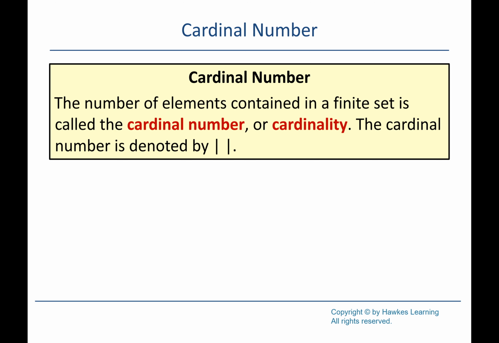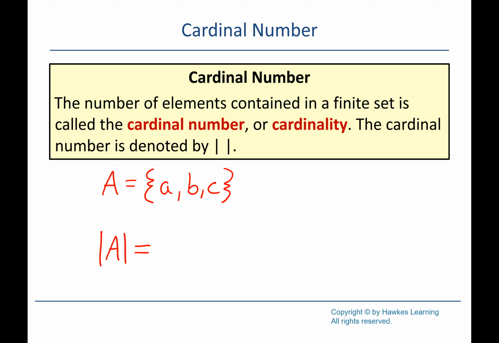So if we have this set A, and we'll say it has the letters A, B, C in there, and if I want to talk about the size of that set, I could say the cardinal number or the cardinality of set A. So it looks like the absolute value of A.